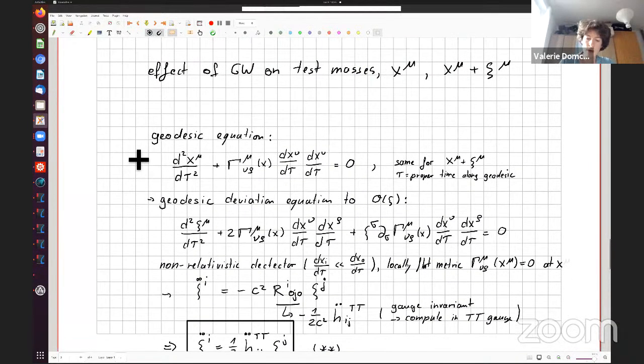What we want to know is how these test particles move when a gravitational wave comes along. For that, we start with the geodesic equation. The geodesic equation describes how a point particle moves in terms of its proper time tau, and that is determined by the curvature of the metric. So this is the description of a free falling particle.